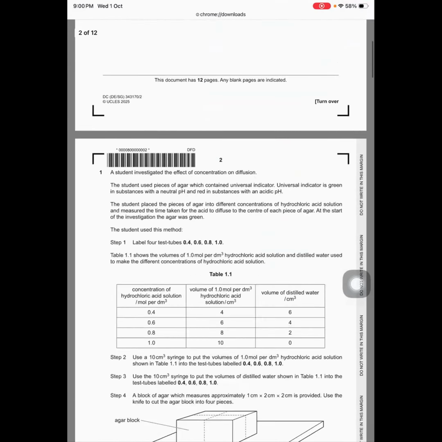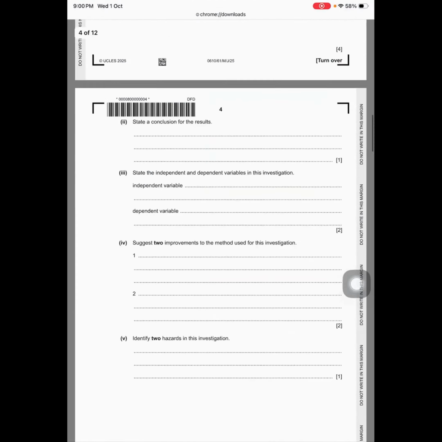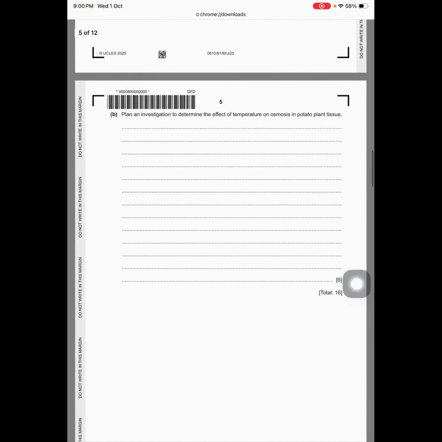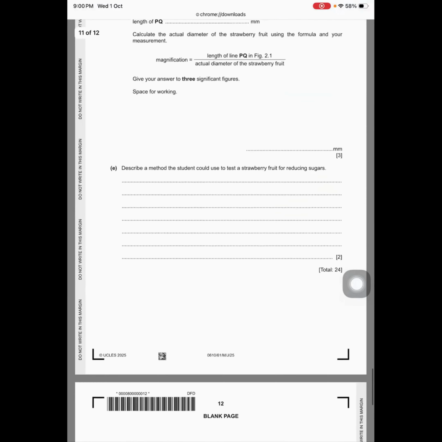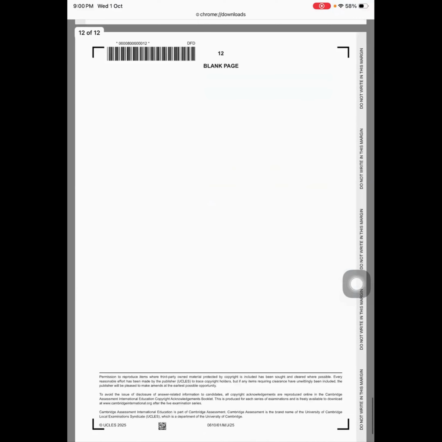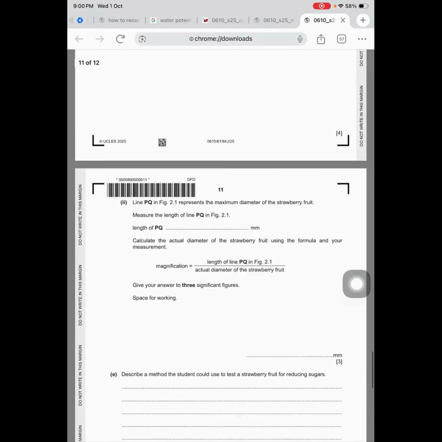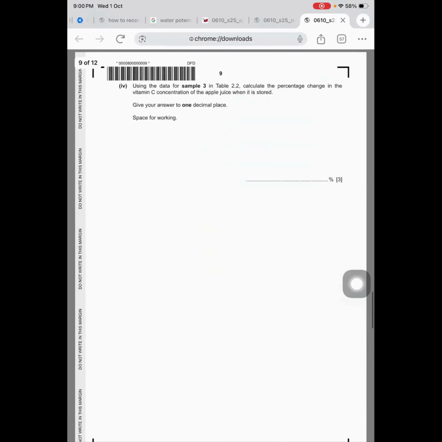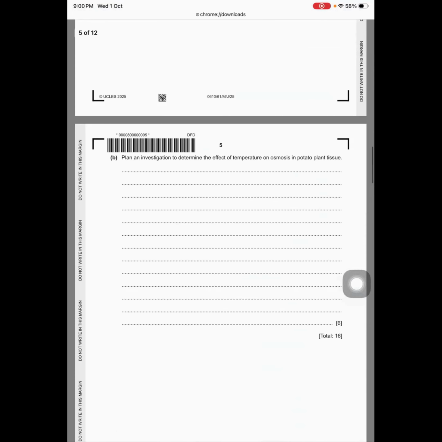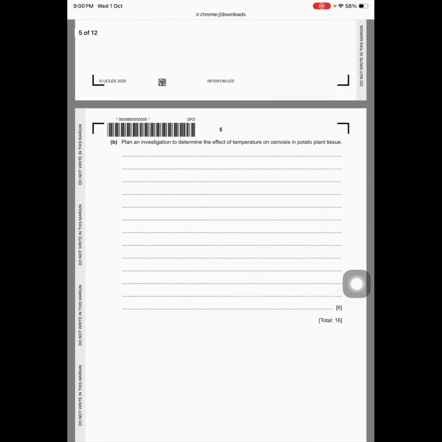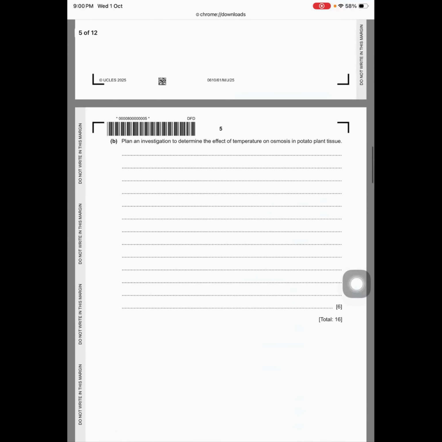Here, let's go for the investigation question. This one: Plan an investigation to determine the effect of temperature on osmosis in potato plant.